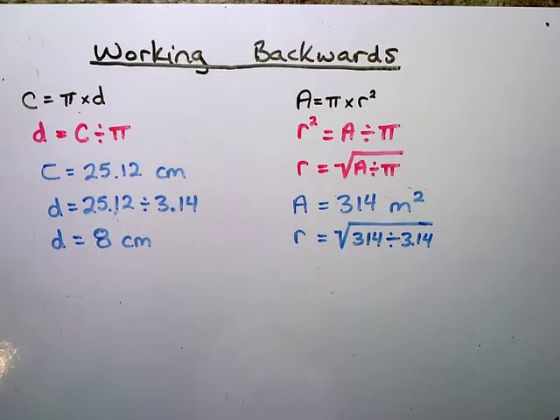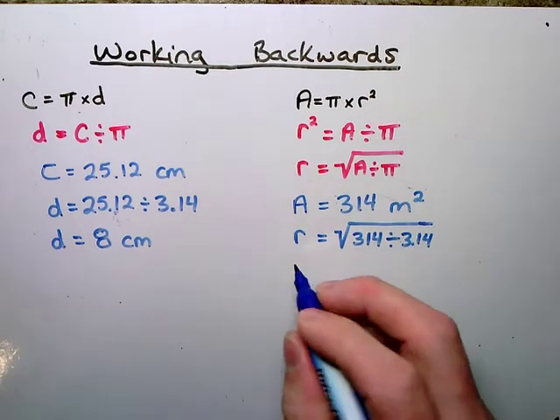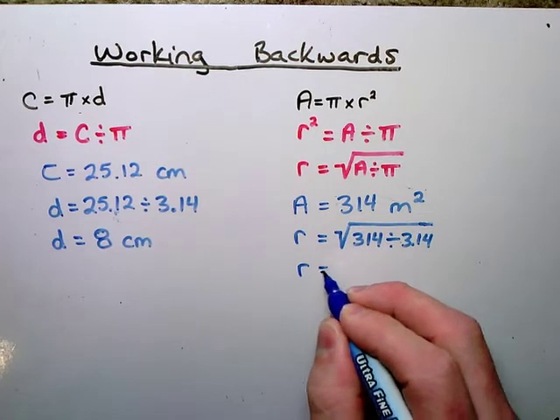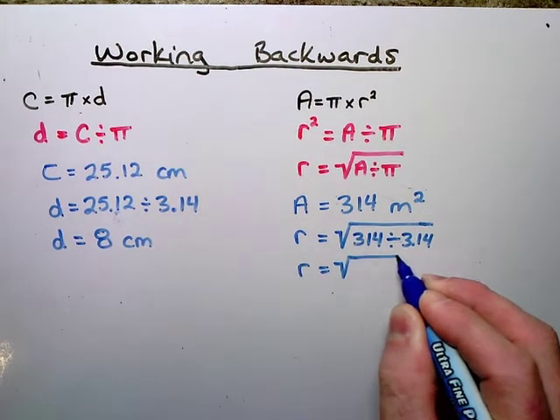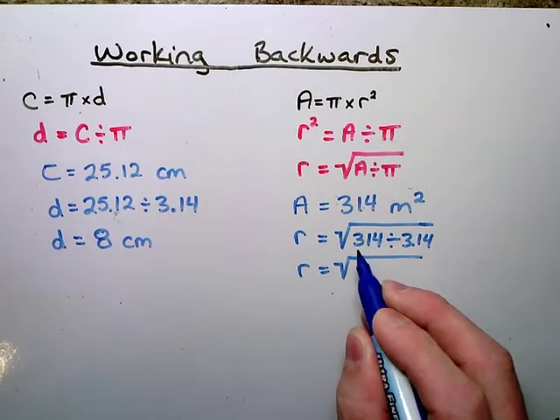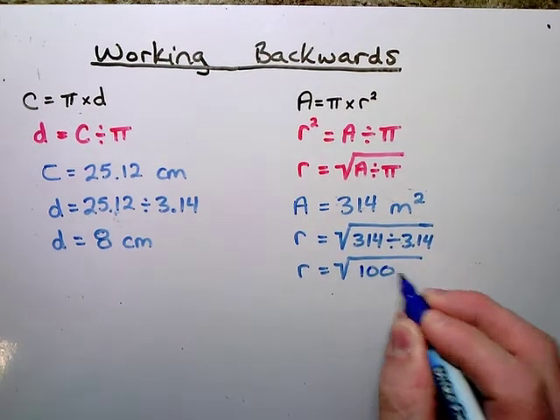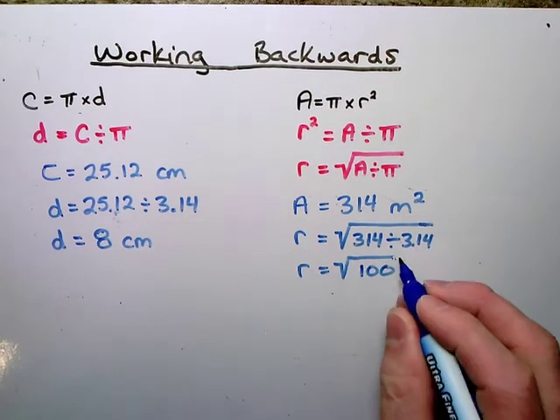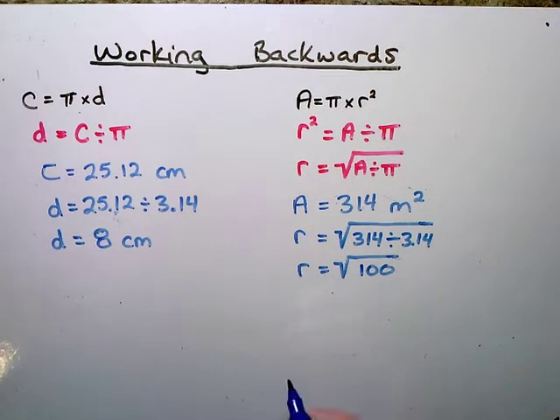Hopefully you don't need your calculator for that, but if you do, you can use it. Either way, you're going to find out that 314 divided by 3.14 is going to leave us with 100. Okay, so now we've got r is equal to the square root of 100.